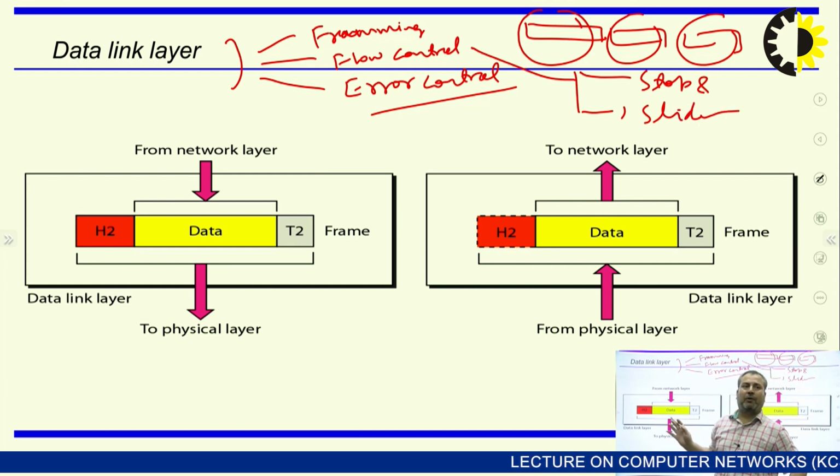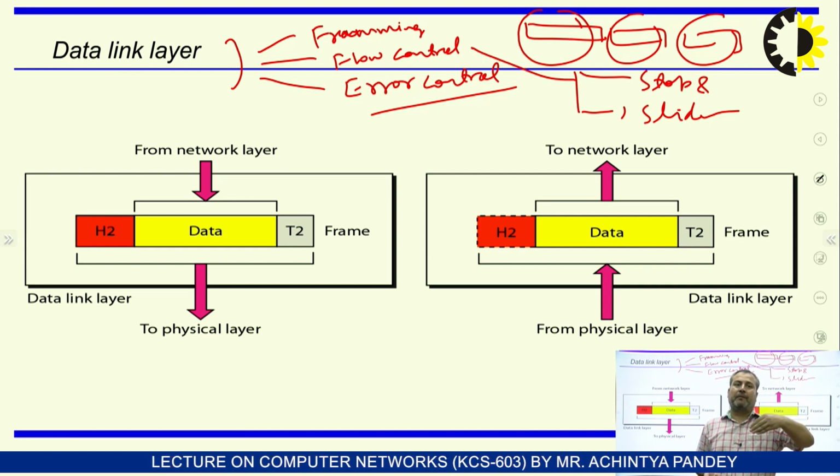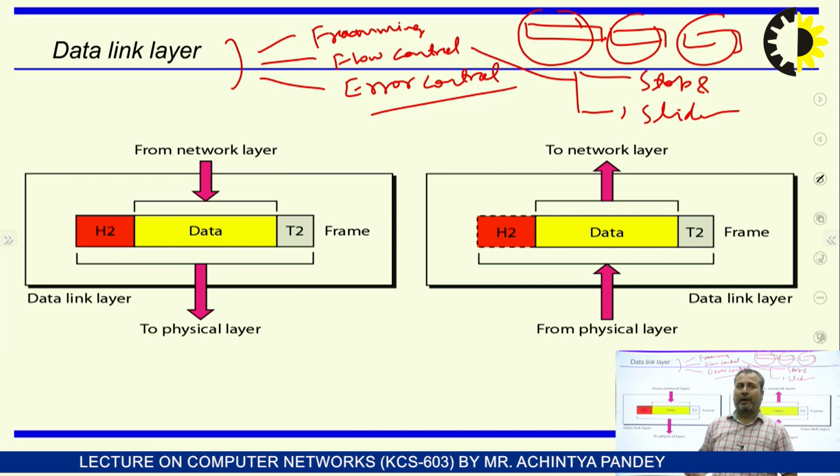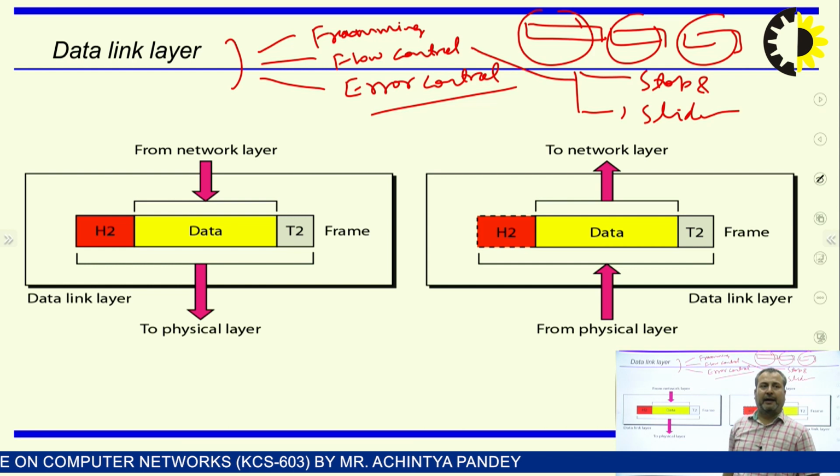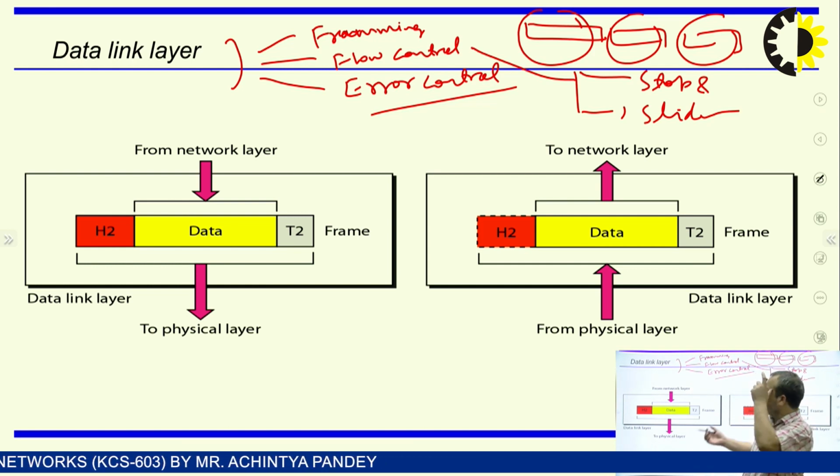And error control. Error, how? Say in the medium our bit may change from 0 to 1. So we need to ensure that there is no error. These are all the tasks at the data link layer, basically done by the data link layer.